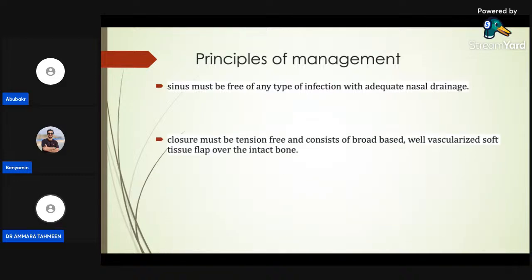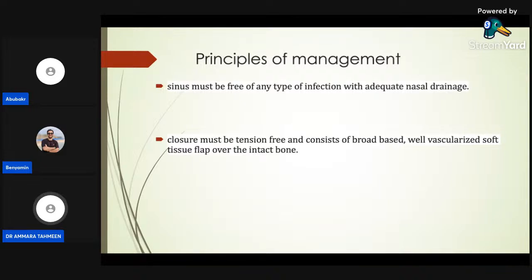Then comes the second principle: once you clear the sinus inflammation or infection, you proceed to close the oroantral communication. Once the closure is done, you should ensure that the flap you used for the closure must be tension free, and it should consist of a broad based, well vascularized soft tissue flap over intact bone.